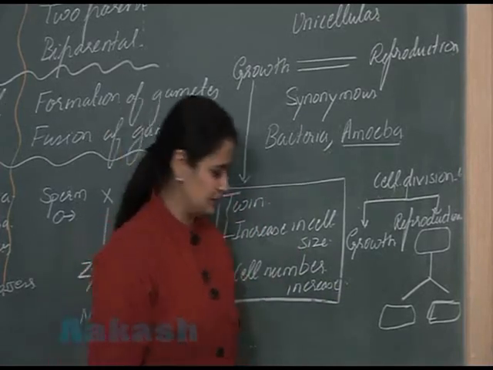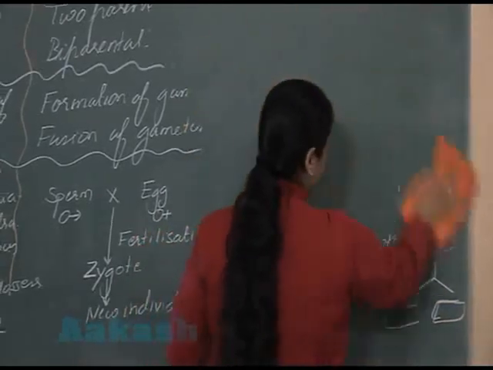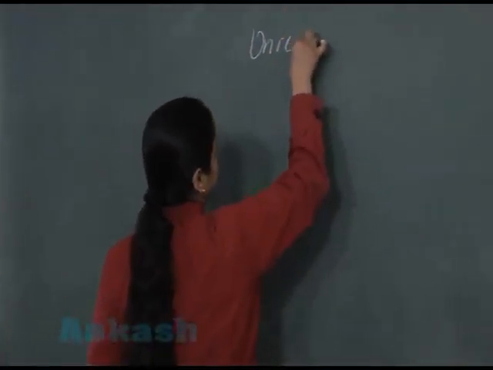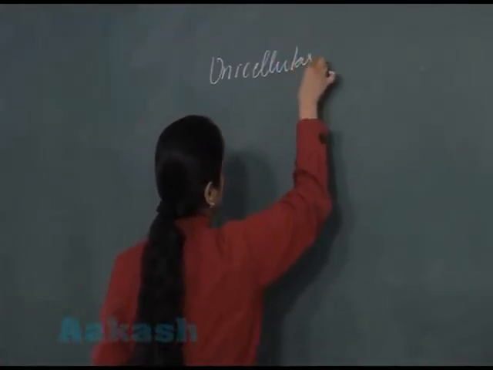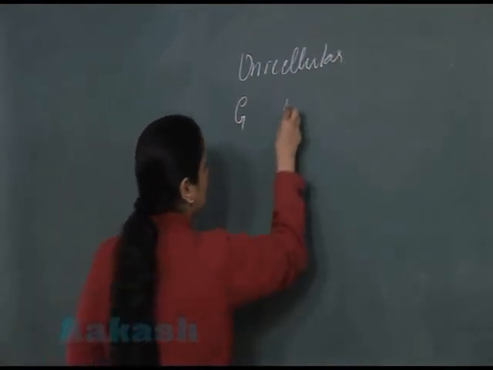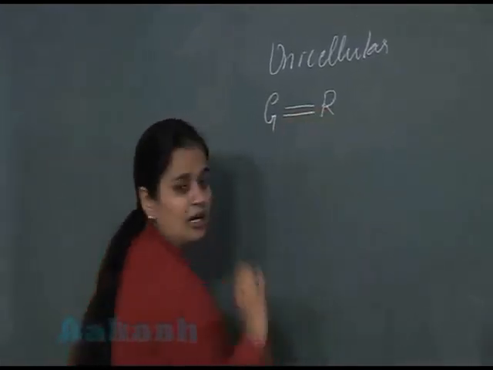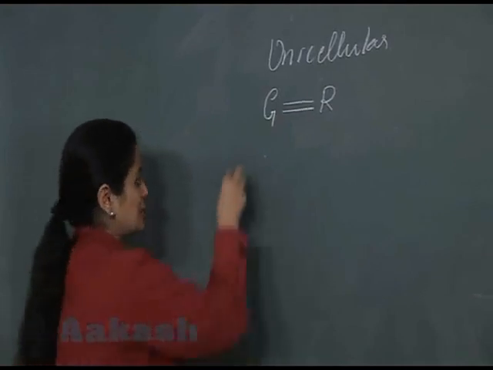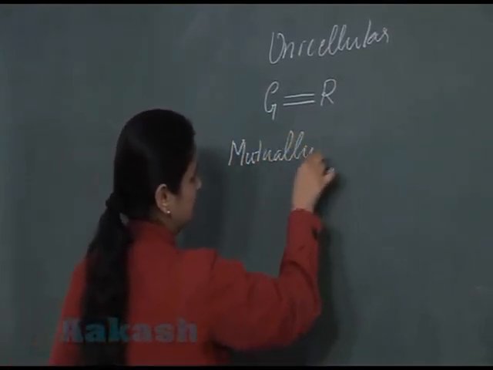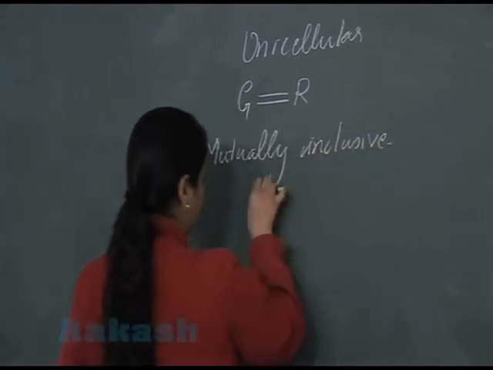So let's write it down. So in unicellular organism, growth, for growth I am writing G, for reproduction I am writing R. Both of them are synonymous, so you can call them mutually inclusive events.